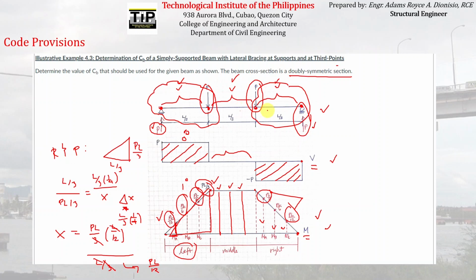Okay. So we can see na medyo mas mahina yung beam with respect to lateral torsional buckling dito sa midspan compare dito sa dalawang side na to na mas malapit sa support, which is evident dun sa video na pinakita ko nung nakaraan, kasi nga nakita nyo nung nakaraan dun sa may support kung ganito yung itsura nung beam dito sa may bandang support, pero habang pupunta siya dun sa midspan, yung section ng beam unti-unting nagro-rotate papunta sa midspan.